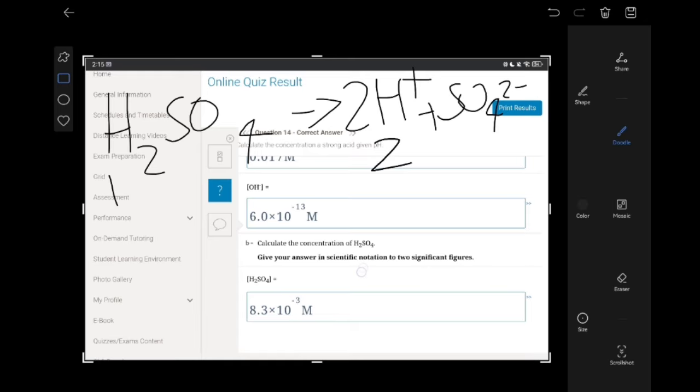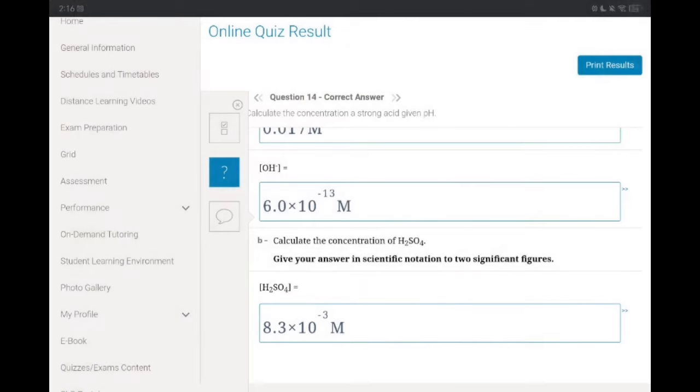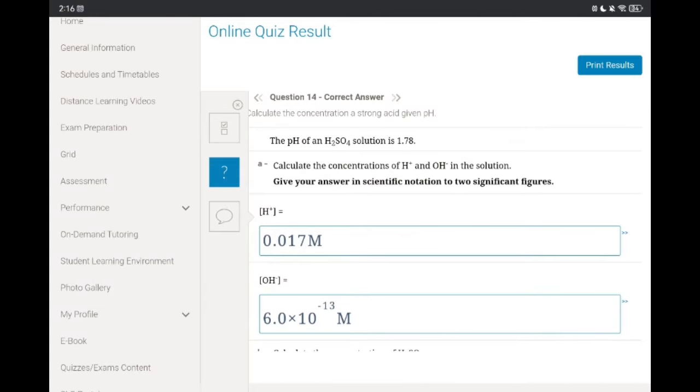So if 1 gives you 2, x gives you 0.017. It's like last time. Cross multiply, get 2x equal to 0.017. Divide both sides by 2, you get the answer. Always read how they want the answer. I don't know why here they're asking for scientific notation and they put it like that.